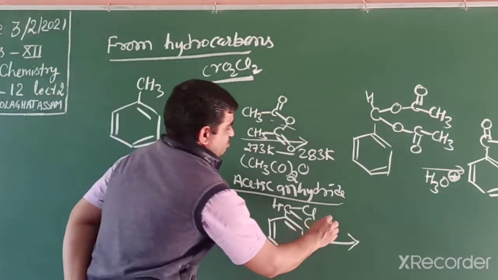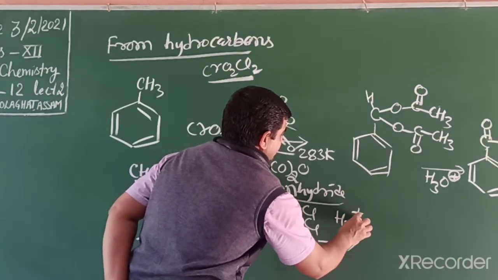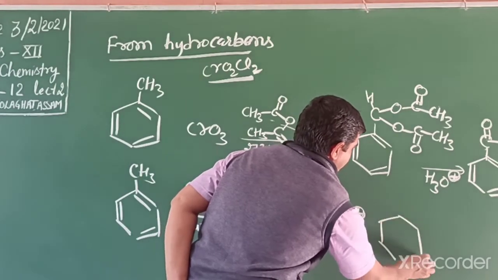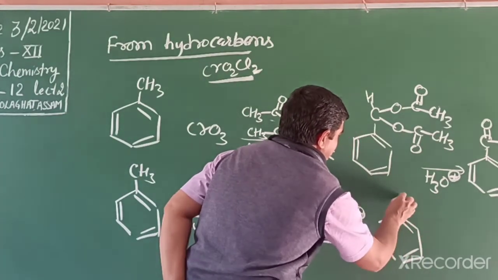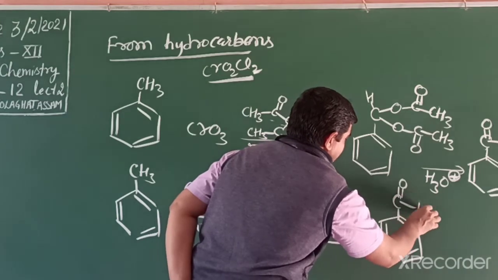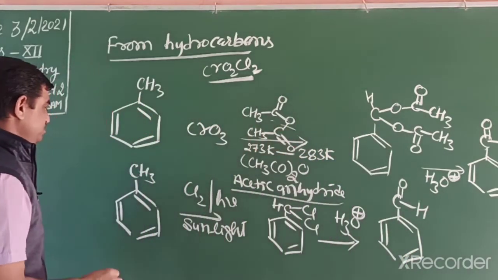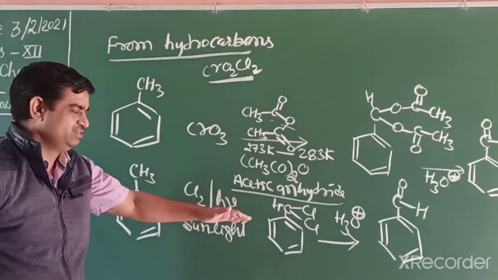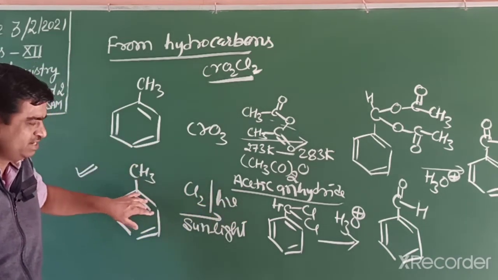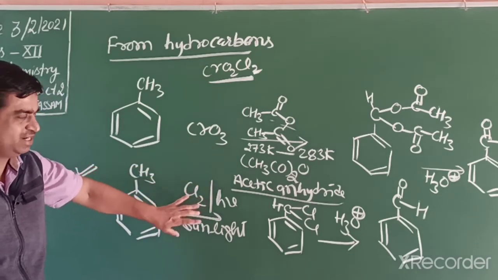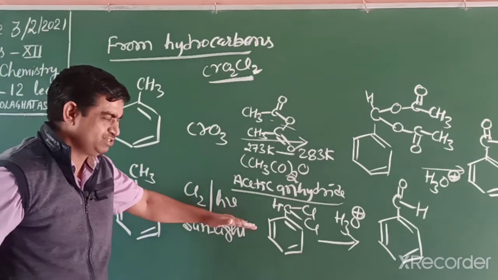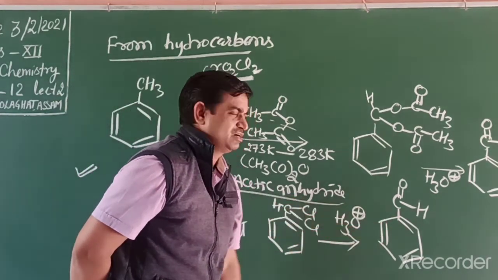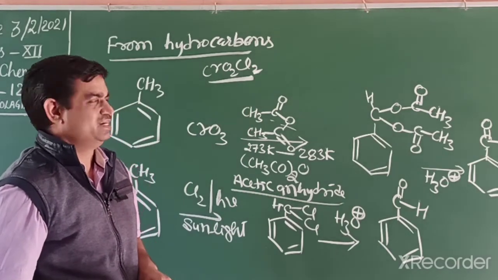Then on further hydrolysis in acidic medium, the compound converts into benzaldehyde. This is a commercial preparation; in industry we can prepare benzaldehyde using this reaction. Toluene reacts with chlorine gas in sunlight, free radical halogenation occurs, and on further hydrolysis the compound converts into aldehyde.